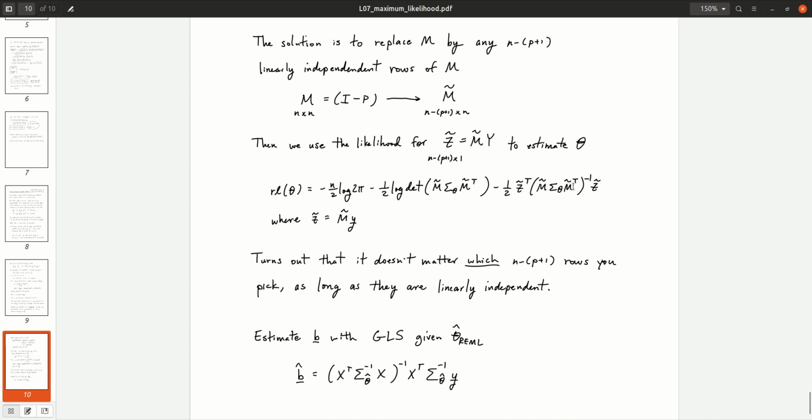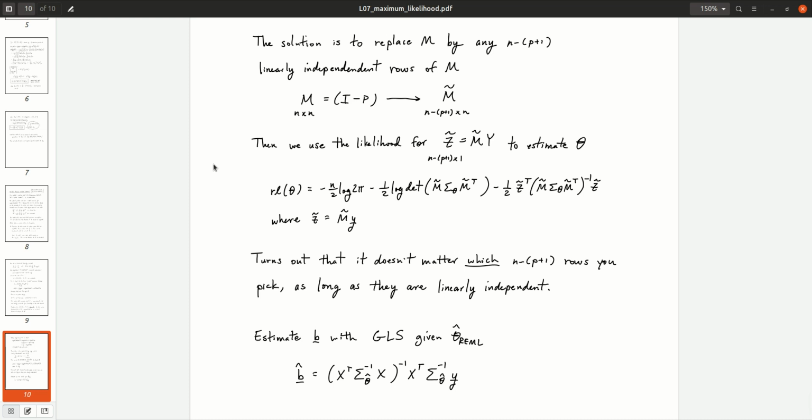And this product is going to be an n minus p plus 1 by n minus p plus 1 matrix, and it will be non-singular, so its inverse will exist. So we plug in this restricted likelihood, and if we do that, then everything works. So the REML likelihood is really this likelihood here, where M tilde are n minus p plus 1 linearly independent rows of I minus P.